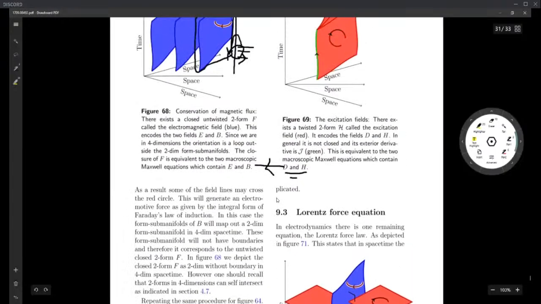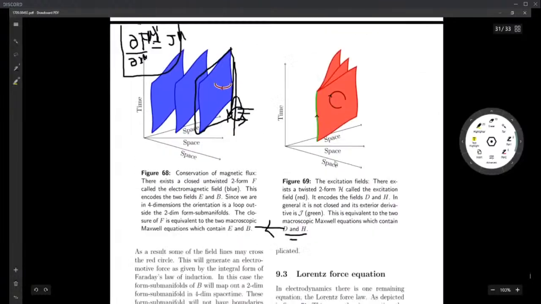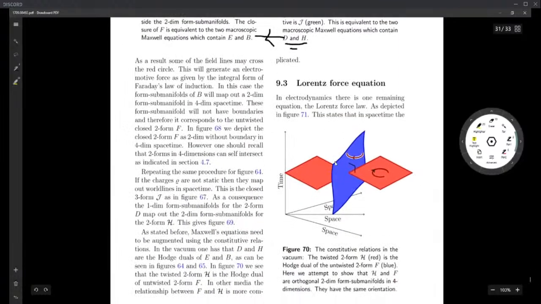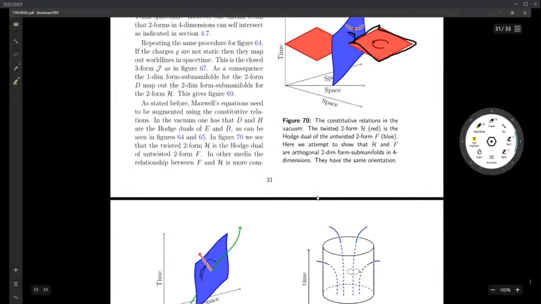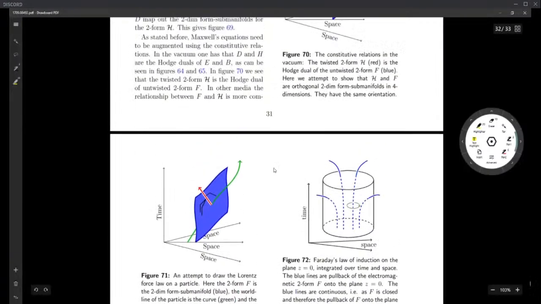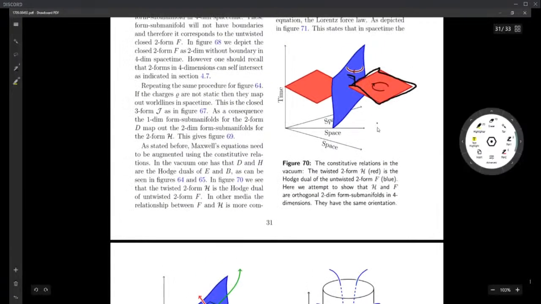Well, we've talked about these 2 things separately, and you can combine them through the Lorentz force law. The easiest way of saying things is that these things are actually perpendicular submanifolds in 4 dimensions. They have the same orientation, right? And this is just a visual representation of F = q(E + v × B), right?